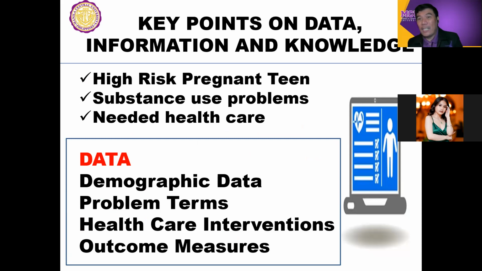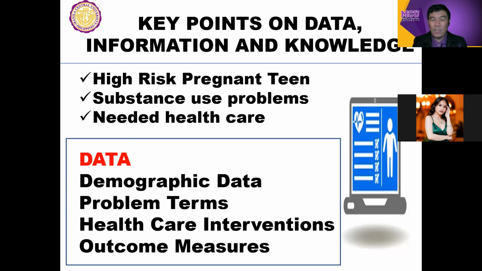So now, what we consider for theory: high risk pregnant teen, substance use problem, needed healthcare. Let's look at demographic data. If we say demographic data, this may consider the age, this may consider the gender, so obviously it's female. Civil status is also demographic data.